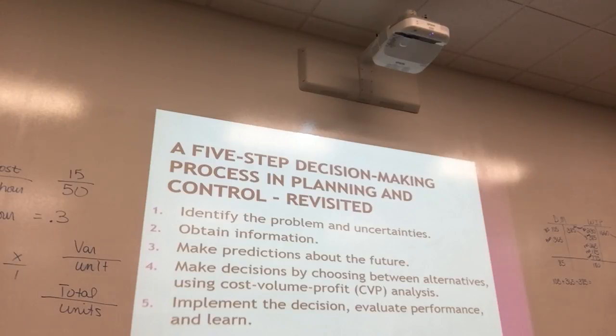Once you implement a decision, so we made the pot pies, that's not the end of it. Why would that not be the end of it? I'm making the pot pies. Huh? Because you might not sell them. You might not sell them, okay? So you have to analyze what's going on. Is your cost meeting your expectations? Are your sales meeting your expectations? If not, why?